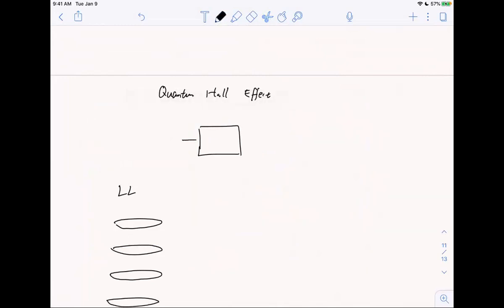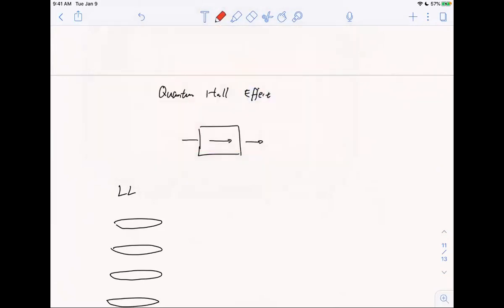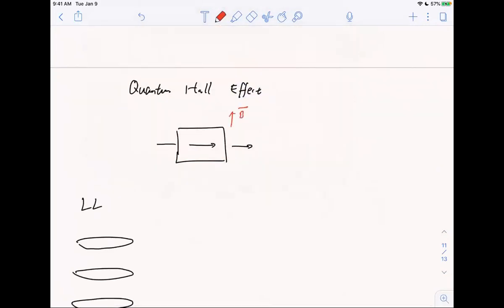Basically, you apply a voltage, and then the carriers. Of course, you need a magnetic field here in the conventional case. So some of the carriers will drift to one side.